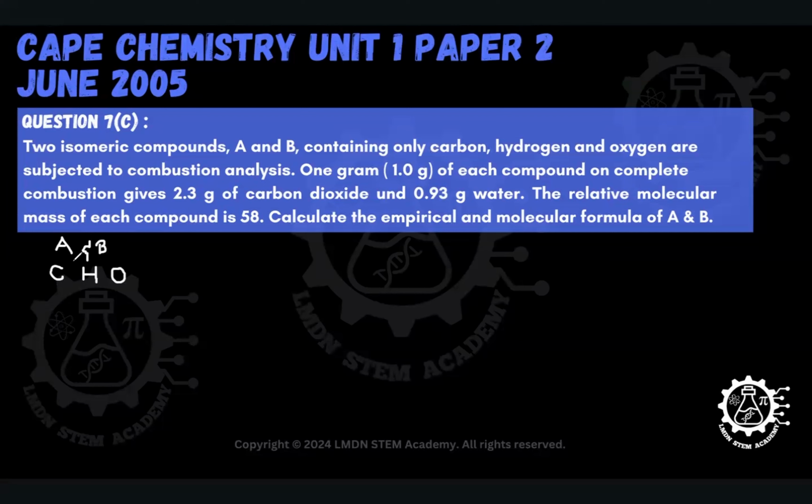We don't know how many carbons, so we can use X to denote the number of carbons in that formula. We could use Y to denote how many hydrogens, and then Z to denote how many oxygens should be in that molecular formula ultimately, right? So this shell of a formula represents our molecular formula of A and B.